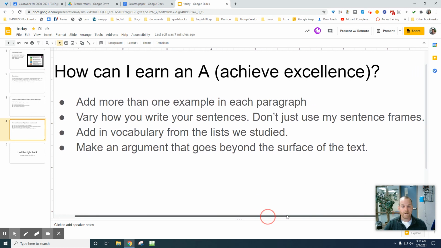Another way to be excellent is add in vocabulary from the list we studied. Look back at your vocab lists, put in some of those words, and make an argument that goes beyond the surface of the text. So when I read your argument, not only should it make sense, but I should think, wow, that was a creative thought that you had in your paragraphs when you're justifying who could have done more.